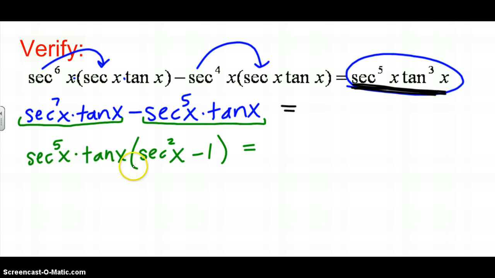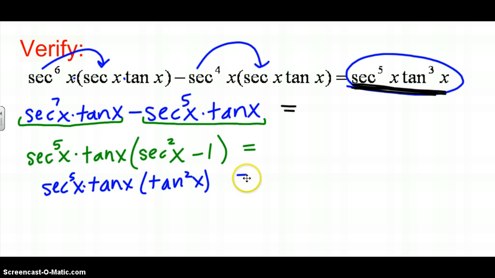Now, secant squared minus 1 is one of our Pythagorean identities. So I've got secant to the 5th times tangent of x, all times tangent squared. Tangent times tangent squared gives me tangent to the 3rd, which is what I was working toward.